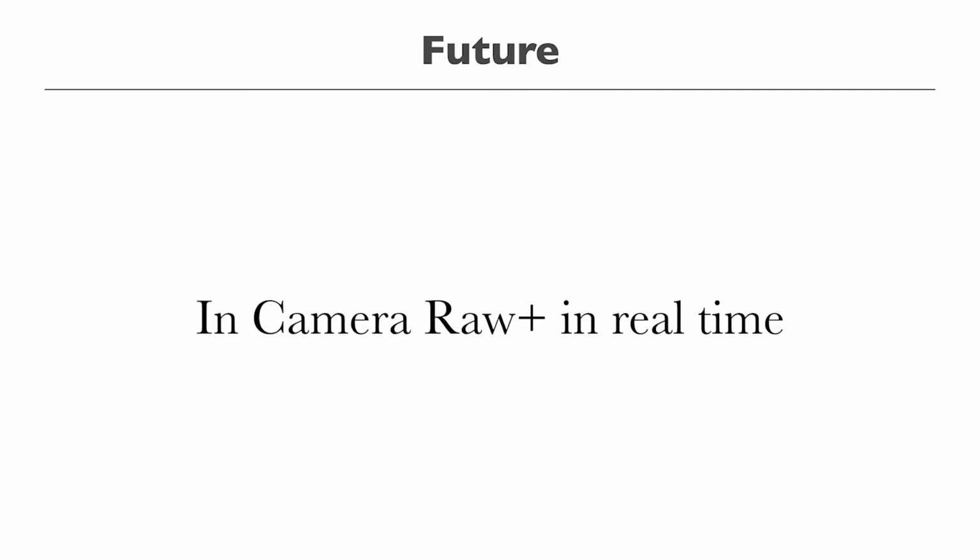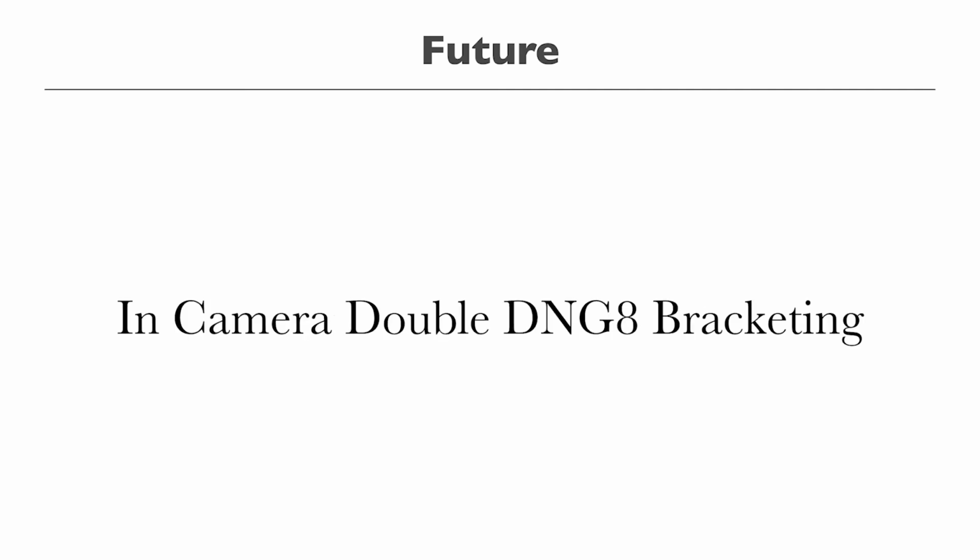Next, maybe we can have in-camera RAW Plus in real time in the future, in a more advanced new model of the camera. I hope so, but I don't know if we can have the great camera in the future. And also in-camera double DNG8 bracketing, to combine auto exposure bracketing and the DNG8.